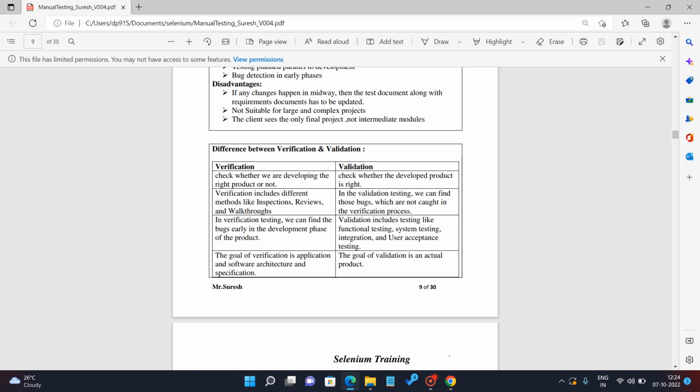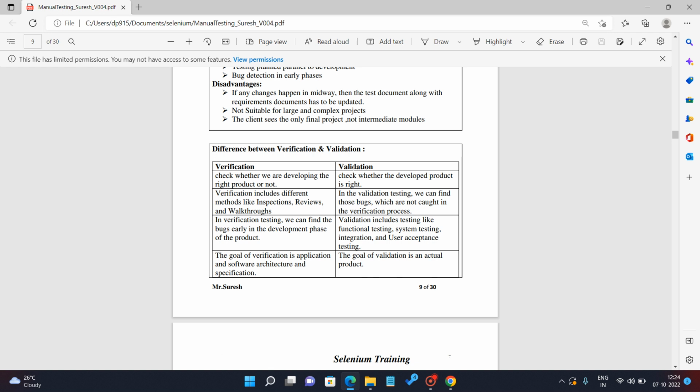Developers may not find any bug, but validation finds those bugs not caught in verification. The developer's goal is the application and software architecture based on the requirement document, but the tester's goal is only the actual product.